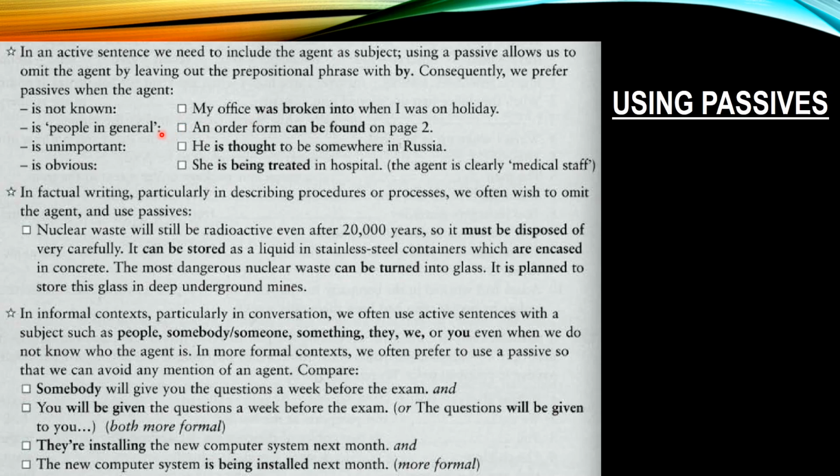Or people in general. An order form can be found on page 2. So anybody can find this order form, and it's not necessary to mention who exactly can find the form. Or the agent is unimportant, like: he's thought to be somewhere in Russia.